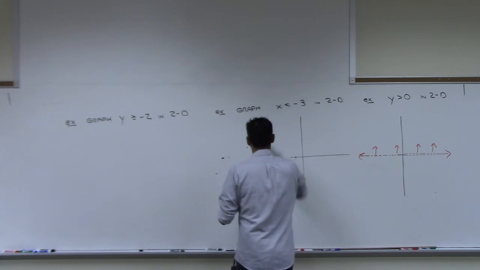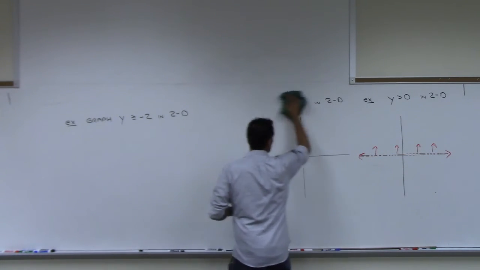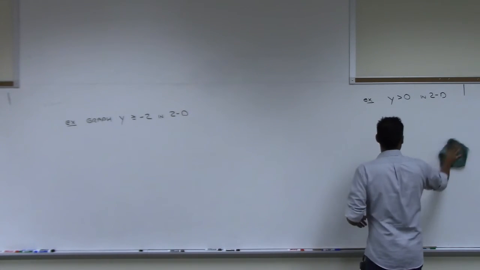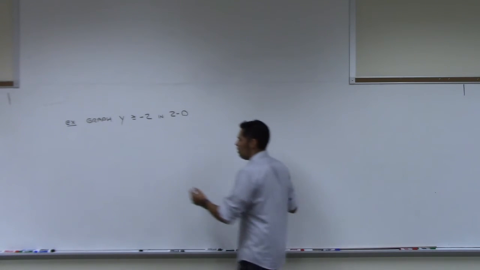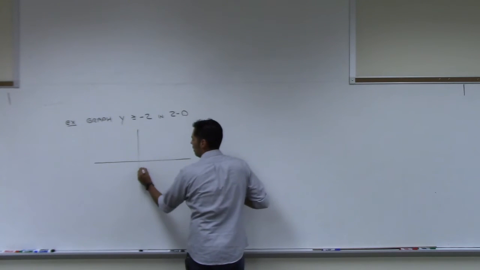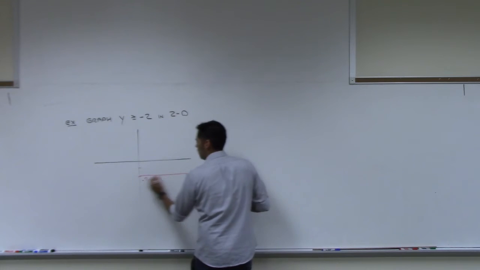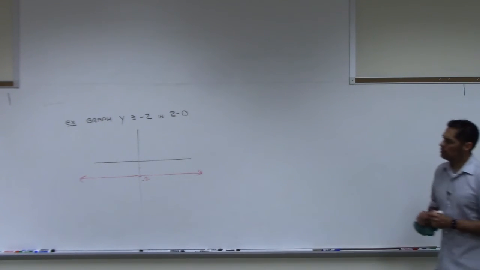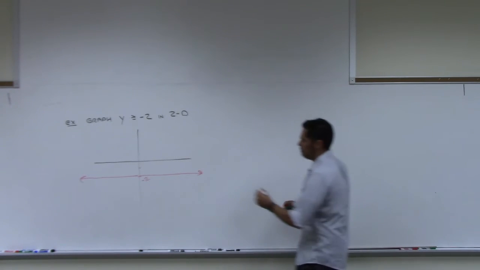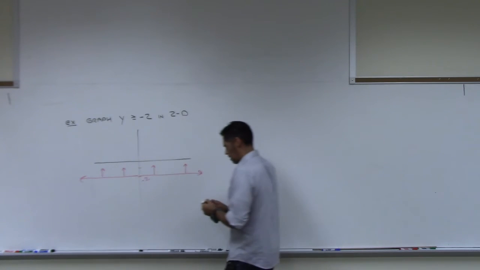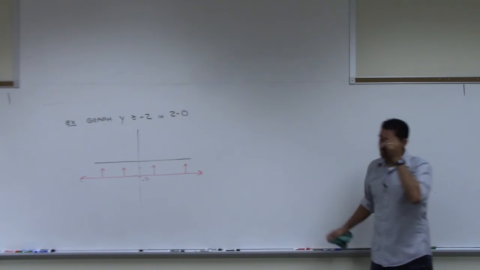Where am I going to draw it through? -2 on the y-axis, right? And it's going to be solid or dashed? Solid. Okay, so I'm going to draw first my xy. Here comes my -2 right there, and I'm going to draw a solid line. And I'm going to shade everything where? Up. Above it. There we go.